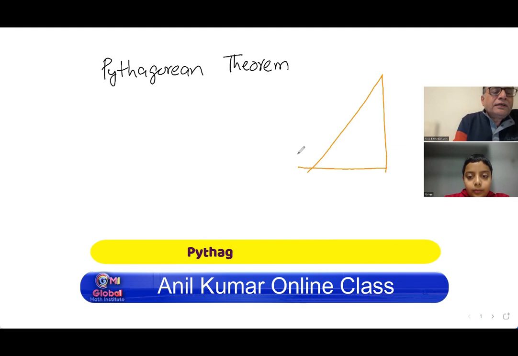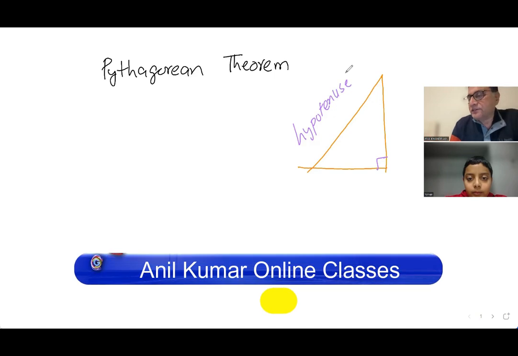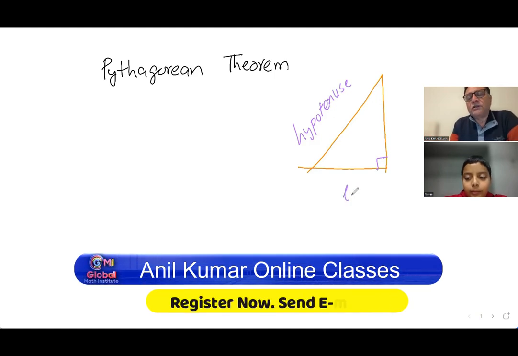The side which is opposite to the right angle, 90 degrees, is called the hypotenuse. It is the longest side. The other two sides are called the legs. Let's call them leg 1 and leg 2.